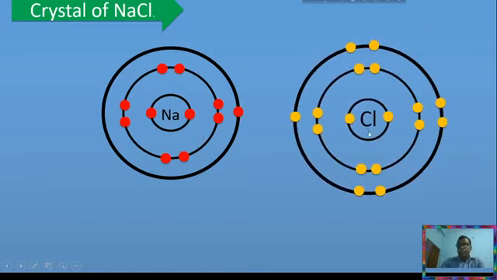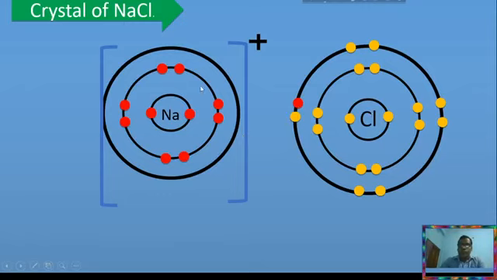On the other hand, this is chlorine, with 7 electrons at the outermost principal energy level. If chlorine receives an electron, it will gain the electronic configuration of an inert gas, argon. So sodium donates this electron to chlorine, and sodium will be converted to a positively charged ion, or cation.